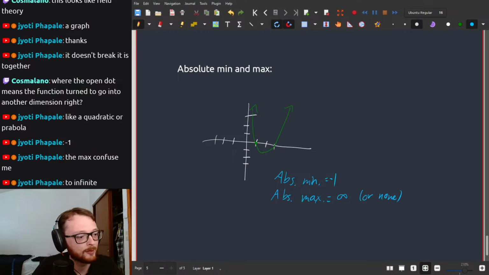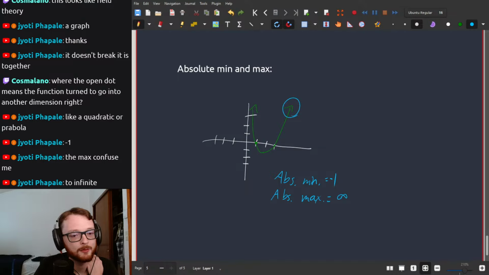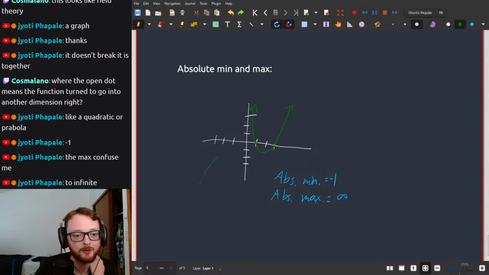So it sounds like you would say infinity. Whenever you have an arrow shooting up like that, that means it's going to be infinity. Same thing, if we had a parabola facing downward, the minimum would be negative infinity, because now it's going downwards to infinity.